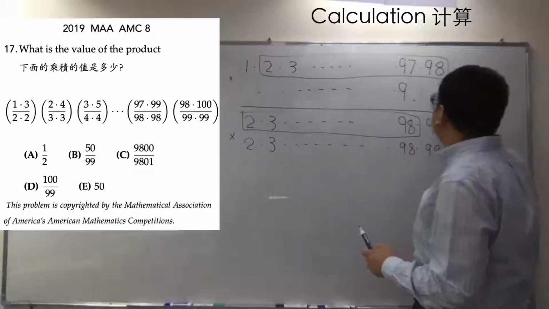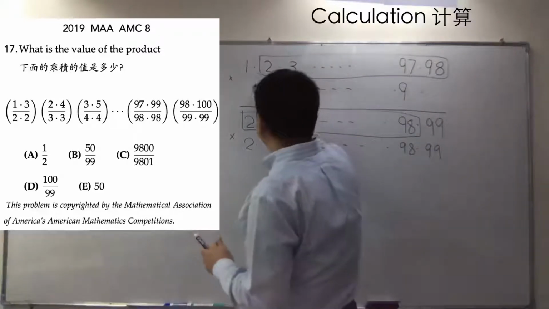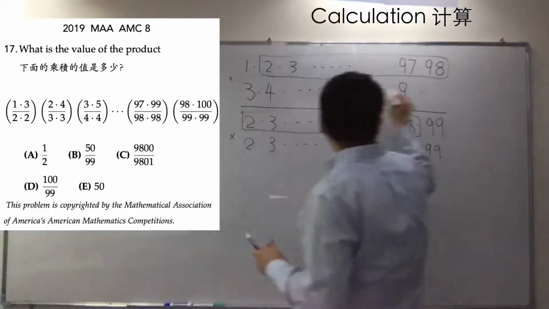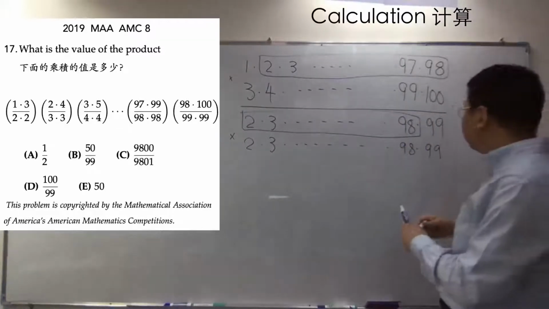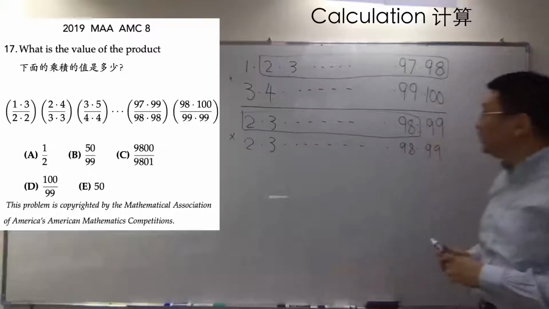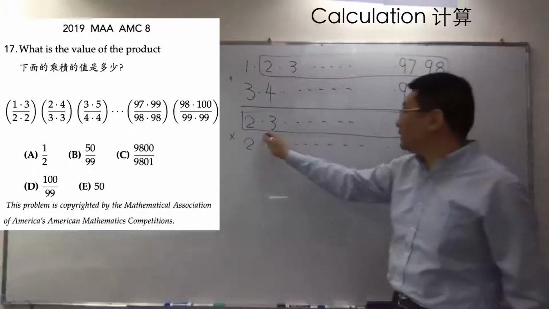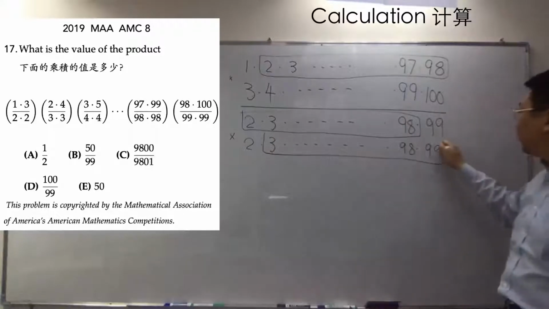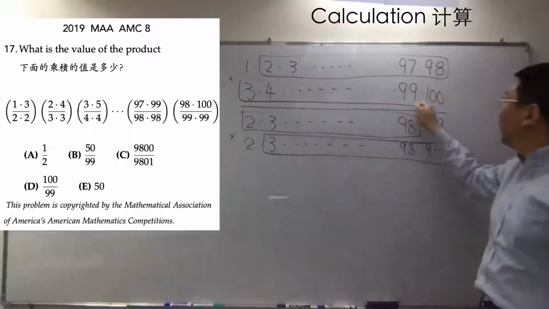Sorry, I made a mistake. So it would be 3 times 4 times 99 times 100. Okay, you compare these two lines, what do you find? You find from 3 to 99, that is the common part in the second line. So you can cancel out.